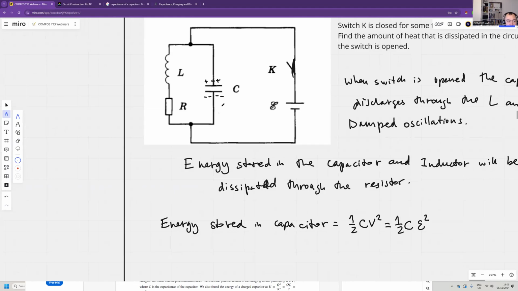Now, once the current has stabilized, when the current has increased to a maximum through the resistor, the voltage on the resistor is IR, which is the EMF.